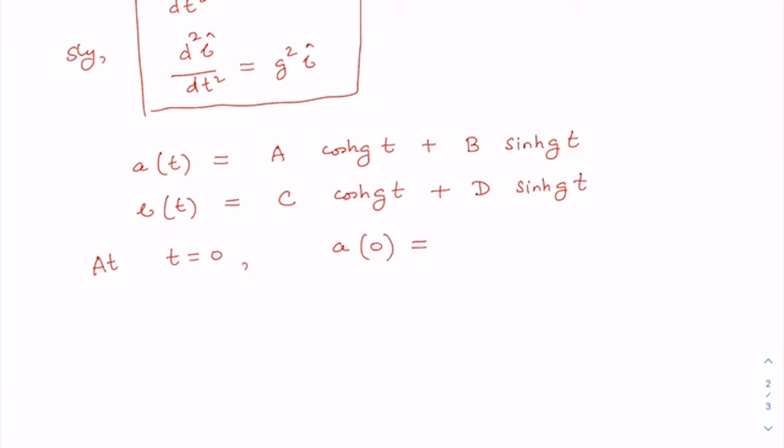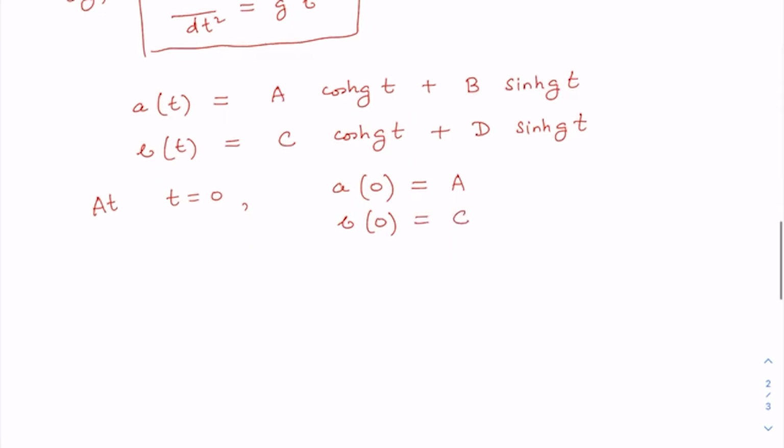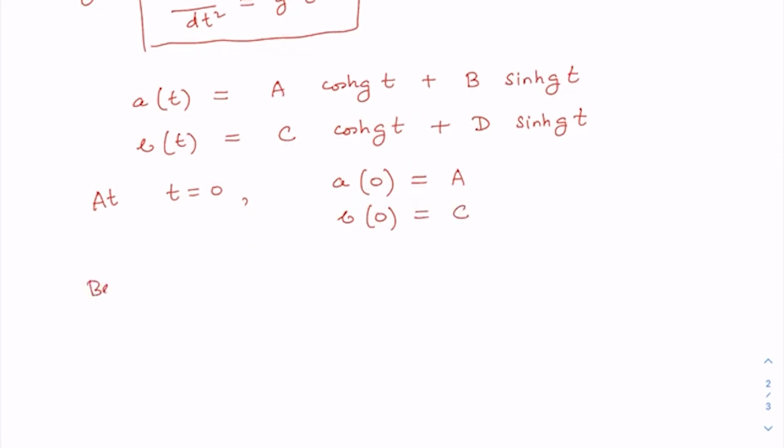Alright, now let us take t is equal to 0, you can immediately get it, that A of 0 would be capital A and B of 0 would be capital C, and because we have dA/dt equal to iz b dagger, this equation we have already got.